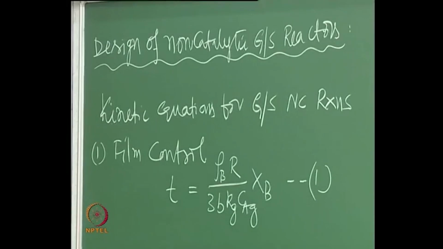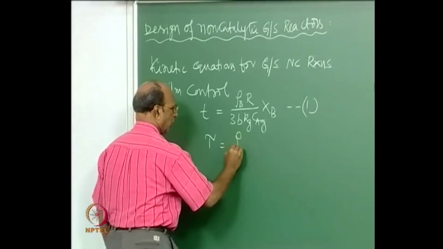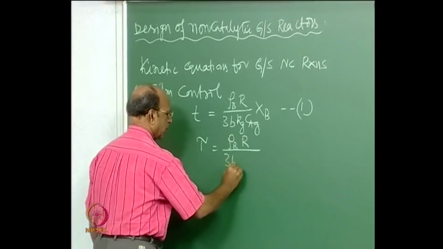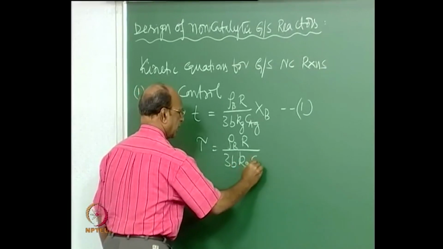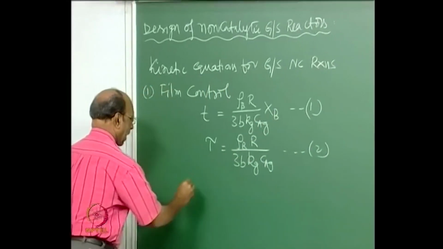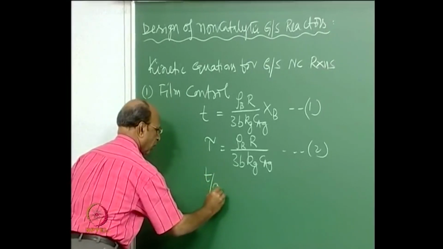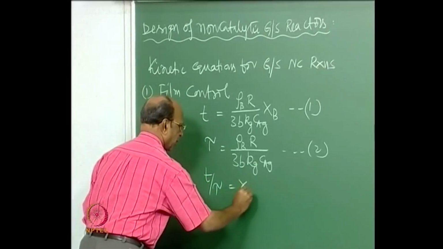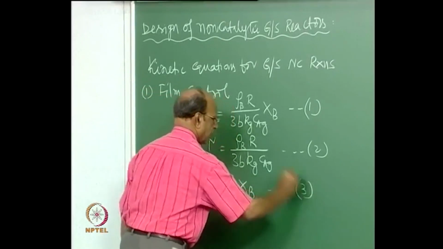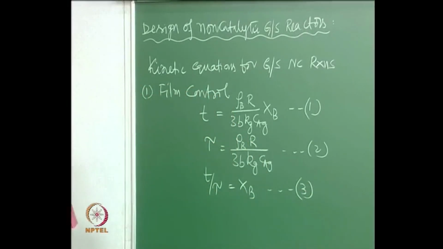This is the one which I asked you to derive. So tau is rho b r by 3b kg cag. We know this comes when xb equals 1, and T by tau is xb. This is the very nice, simplest equation, T by tau.